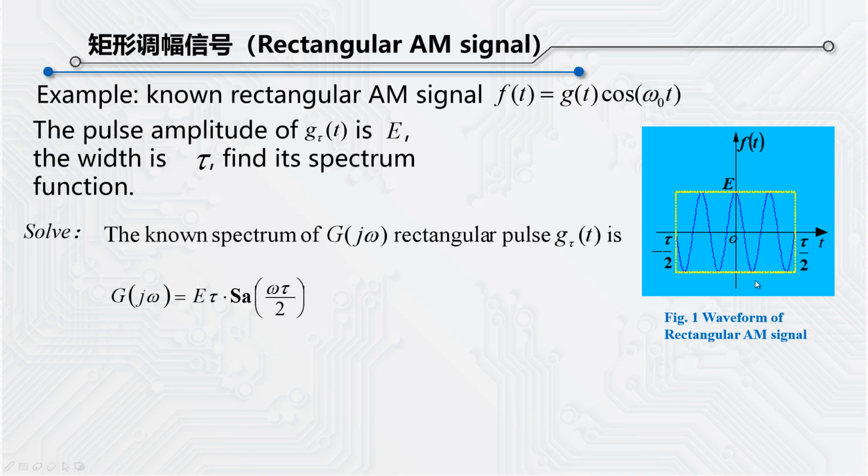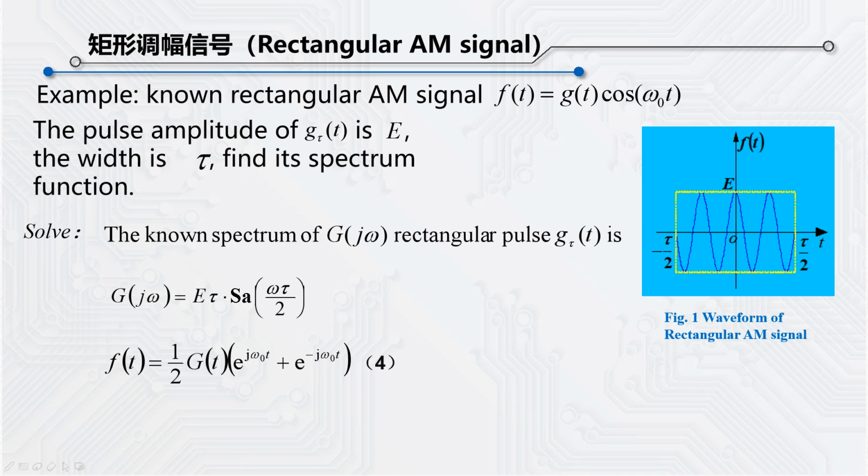This is its time domain waveform. We have learned the frequency spectrum of the rectangular pulse signal changes according to the law of the sampled signal. In other words, its frequency spectrum is Eτ times Sa(ωτ/2).